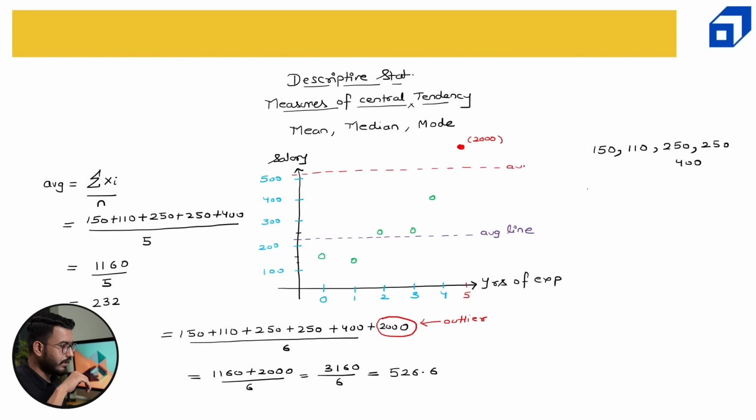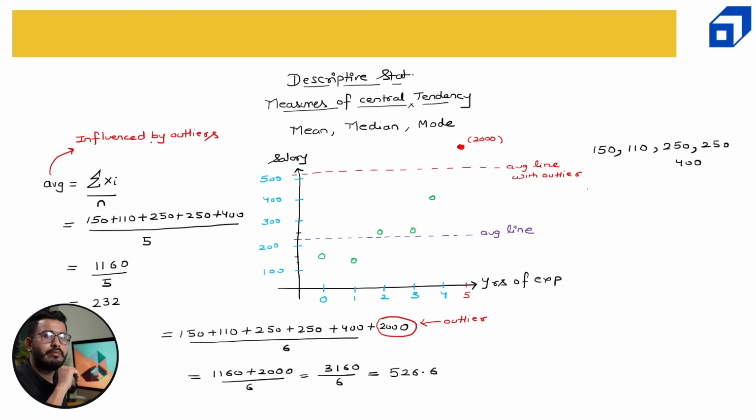This is your average line with outlier. And this is not the center of the data. So that is the problem with average. Your average as a measure of central tendency is influenced by outliers. Now how to get rid of them?